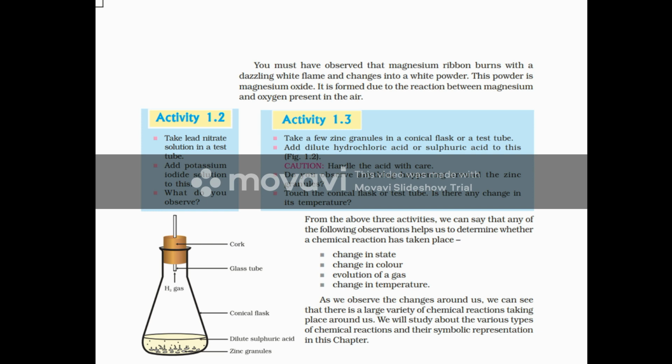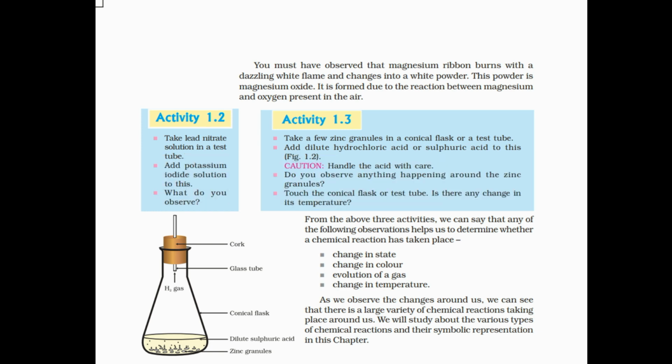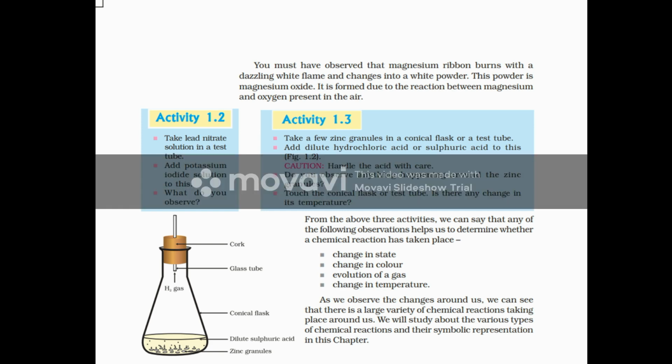You have learned about exothermic and endothermic reactions in previous classes. The change in temperature is the loss or gain of heat energy in the substance, that is, a decrease or increase in its temperature. Based on this property, chemical reactions can be endothermic or exothermic.